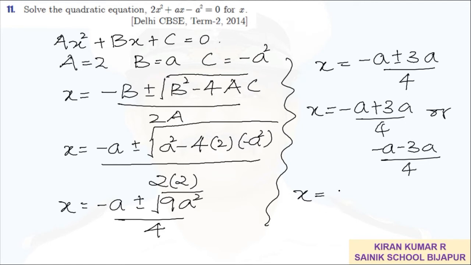On further simplification, this becomes 2a divided by 4a is nothing but a by 2, and this will be negative 4a by 4. We get it as minus a. So a by 2 minus a, these are the roots.